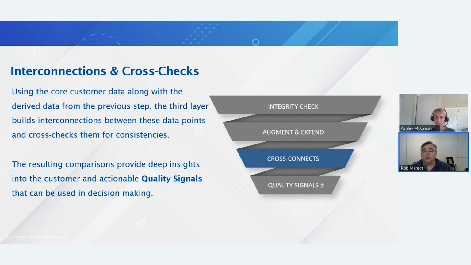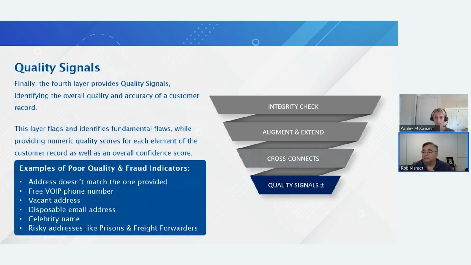Again, not always a problem, but when you start to accumulate some of these, this looks like a little bit of a problem, this looks like a little bit of a problem, and you marry all those together, you're going to get a better picture of the quality of that lead that you're getting. And so ultimately what this results in is the final piece of customer data validation, the quality signals. What this really is, it results in a quality score, an actionable numeric quality score that you can program around.